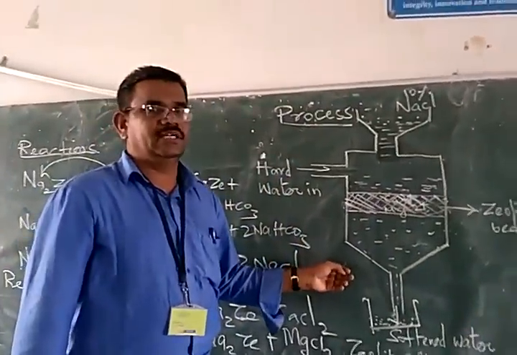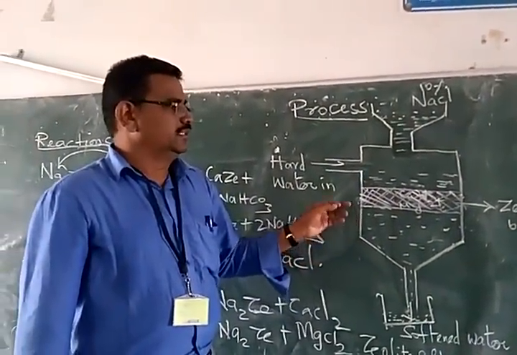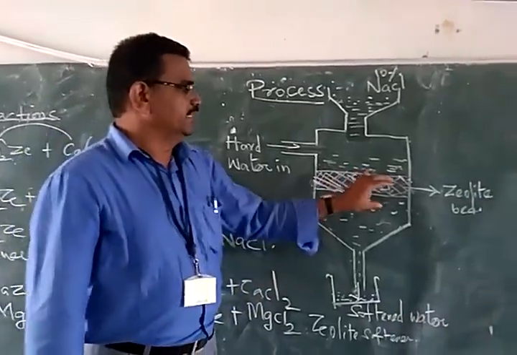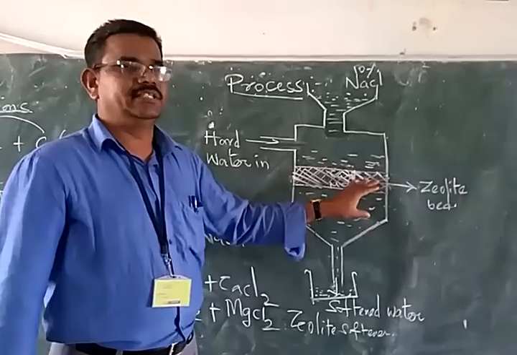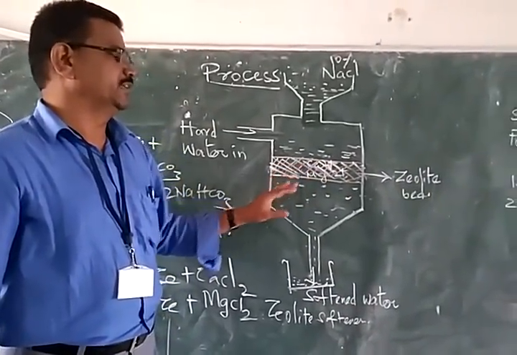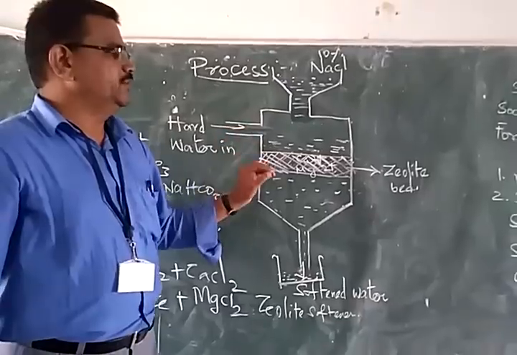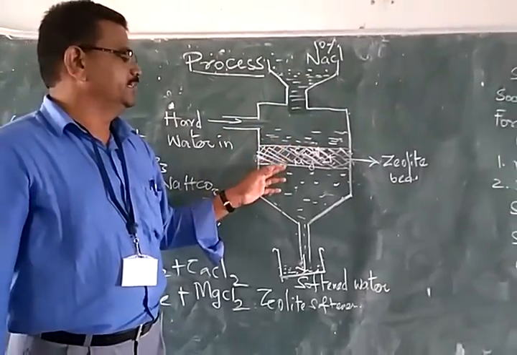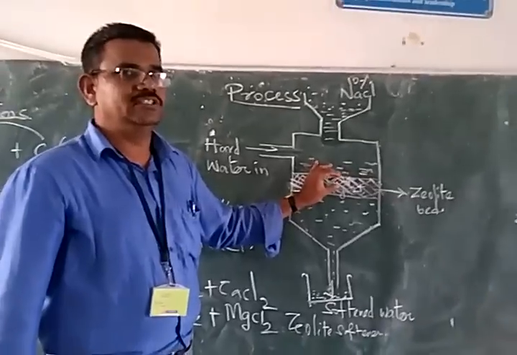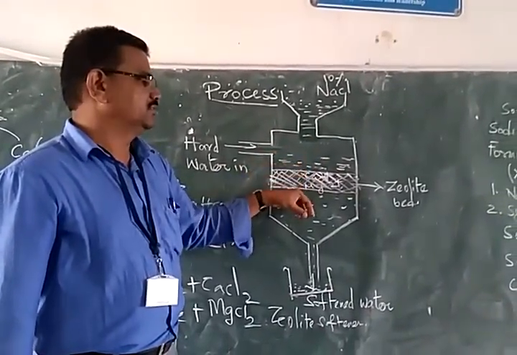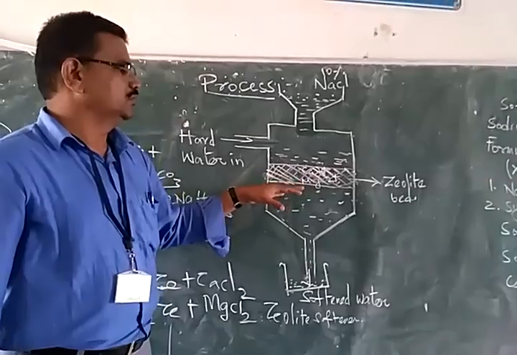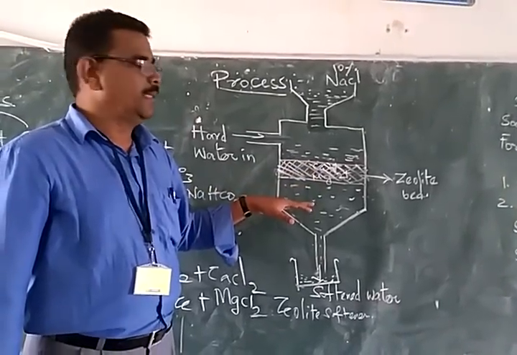Next, disadvantages of this method. Acidic water cannot be treated by this method because the acids destroy the bed. Turbid water cannot be treated because the zeolite bed contains micropores which get blocked.